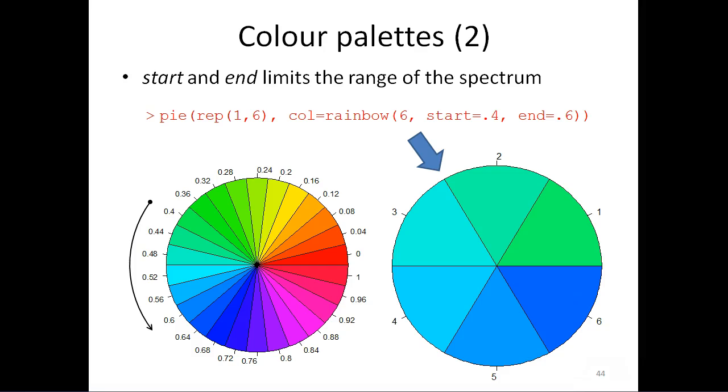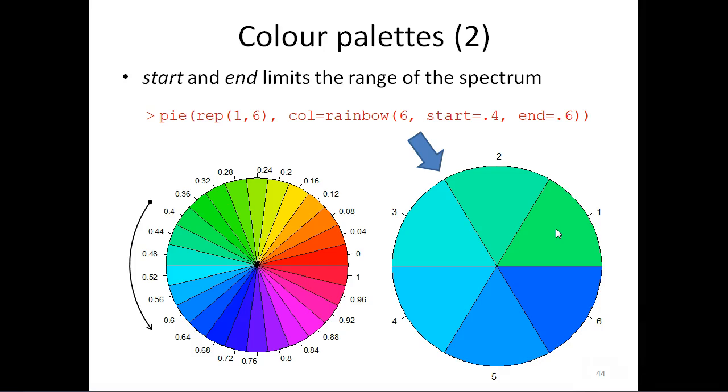Sometimes, or more often than not perhaps, you may find the full rainbow spectrum a bit too colorful for your needs, and you may want a smaller portion of the spectrum. In that case, you can of course create a vector with a lot of color codes, more than you need, and then just use a few of them to get a part of the spectrum.